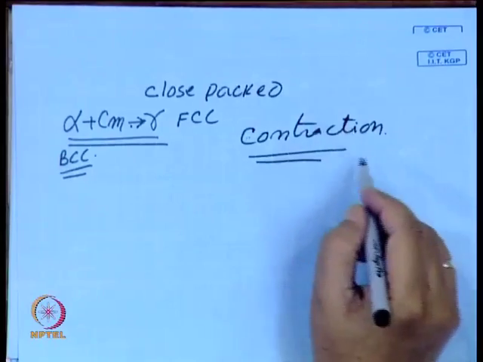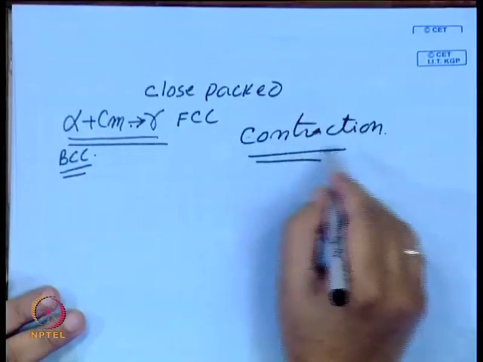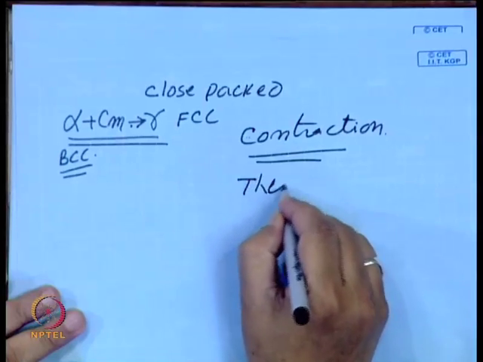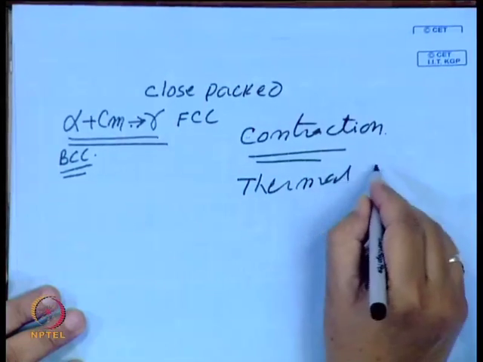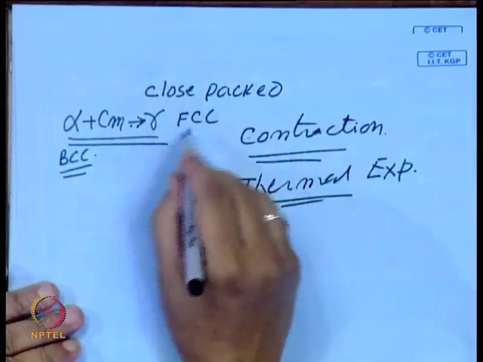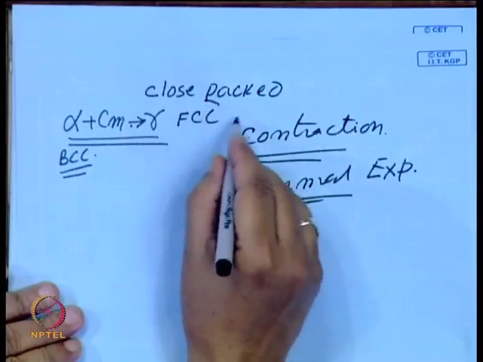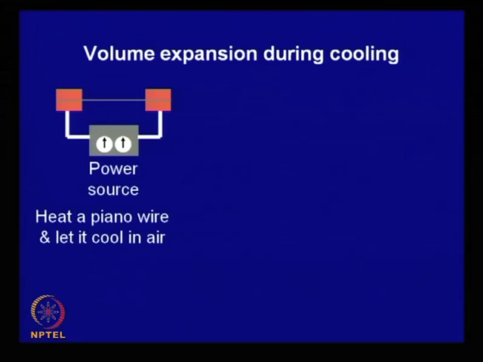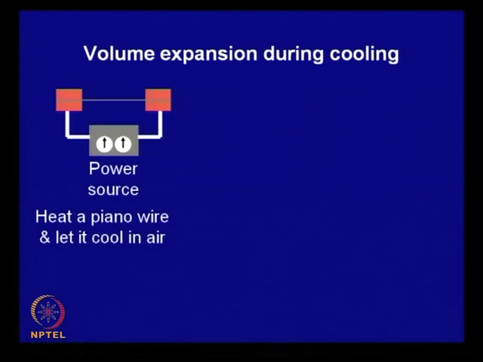Now, during the process there is a thermal expansion, and also simultaneously there is a contraction because of this process, and both balance each other. So, when it becomes red hot, it will still be straight.